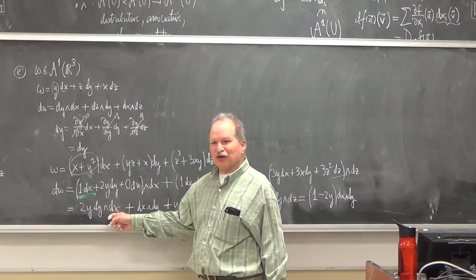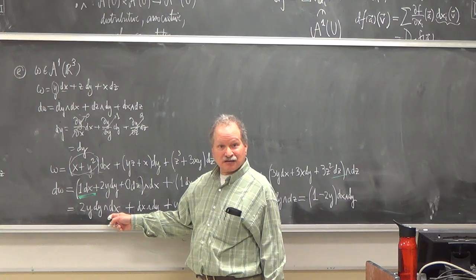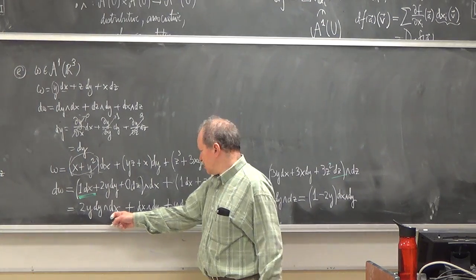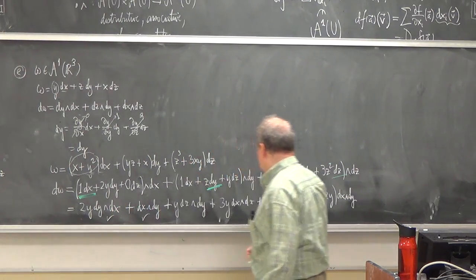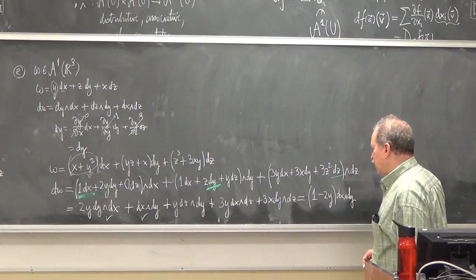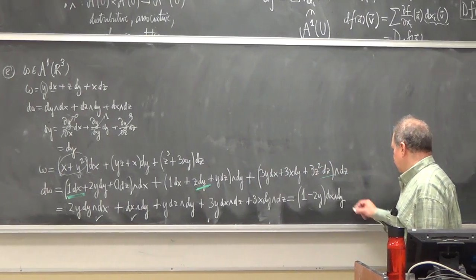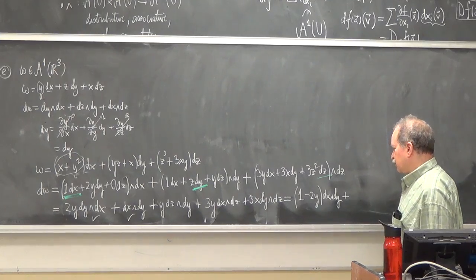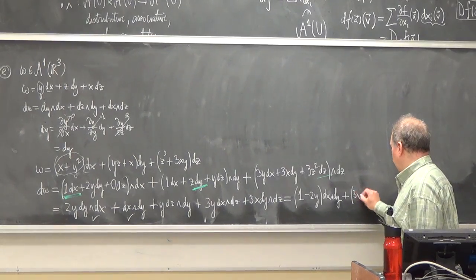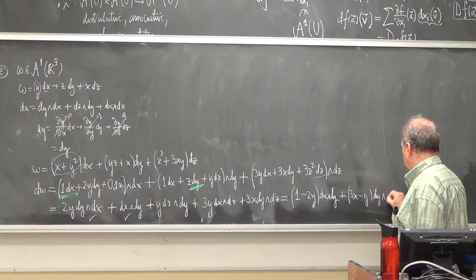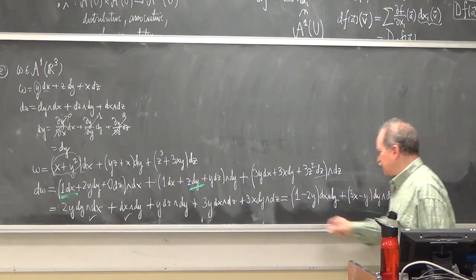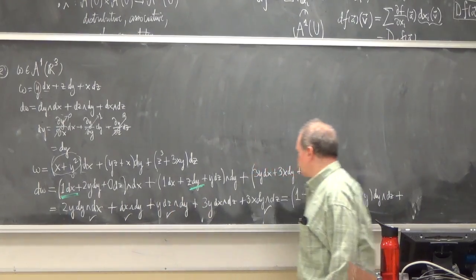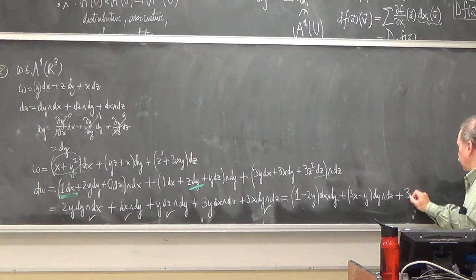When you switch the order, you get a minus sign. That's the skew commutativity. So we've got these two terms. How many dy wedge dz's? 3x minus z. And then what's left? 3y dx wedge dz.